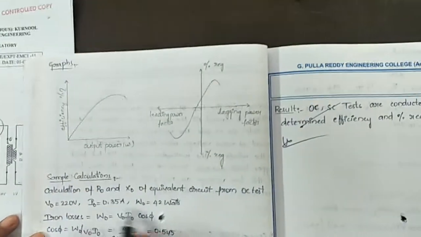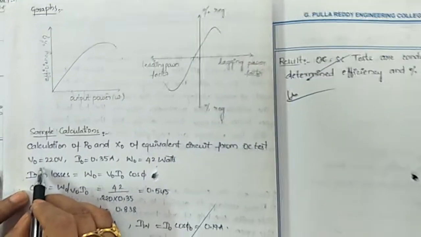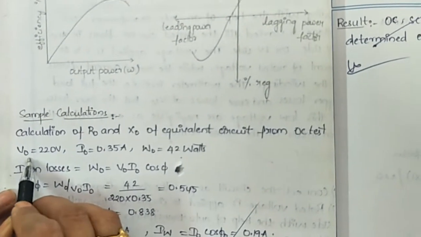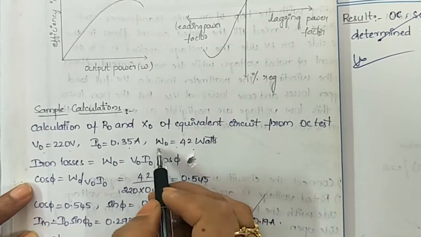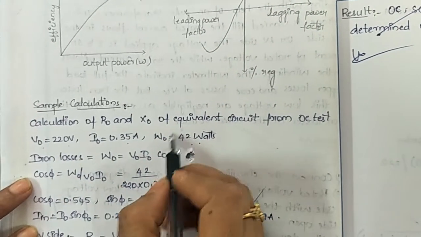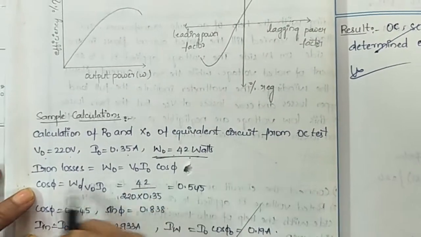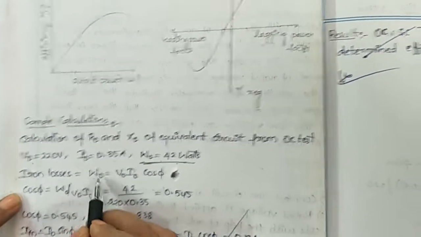The values obtained under open circuit conditions are indicated with a naught subscript. V naught is 220, I naught is 0.35 and power W naught is 42 watts. This power represents the iron losses.